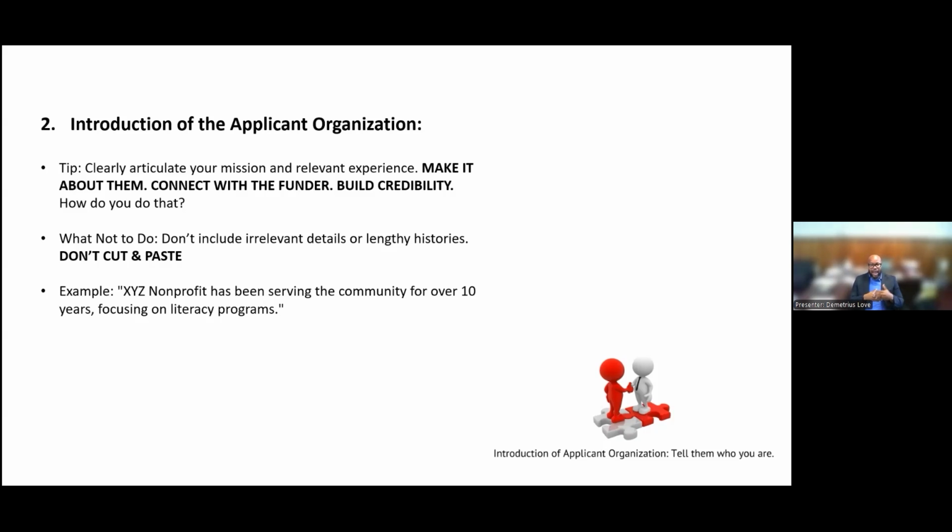Summarize it, highlight it, and then take where you align with that funder, and that is how you want to use your goals and your objectives. You may not use all your objectives. You may have 7 objectives, 3 of them are very aligned directly with that funder. You only need to use those 3.